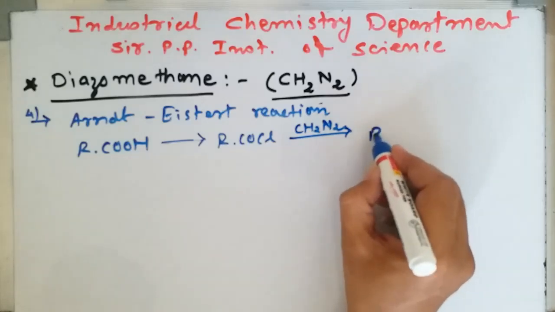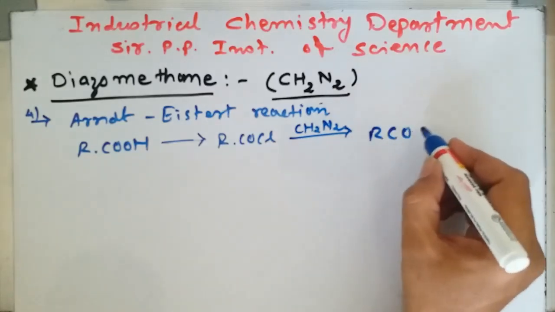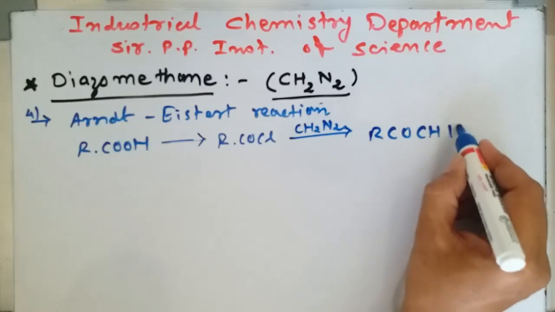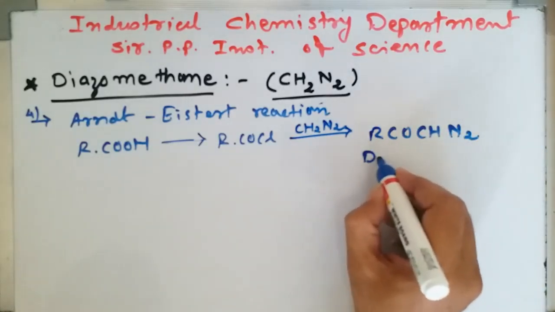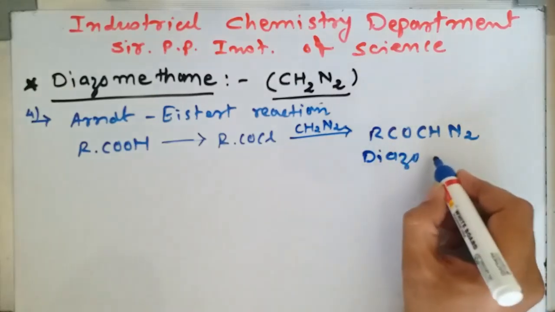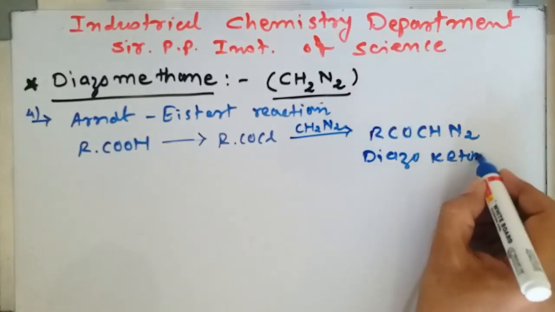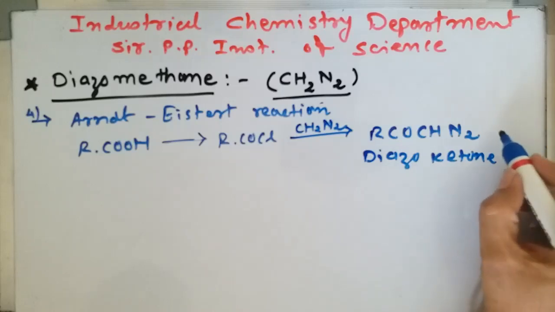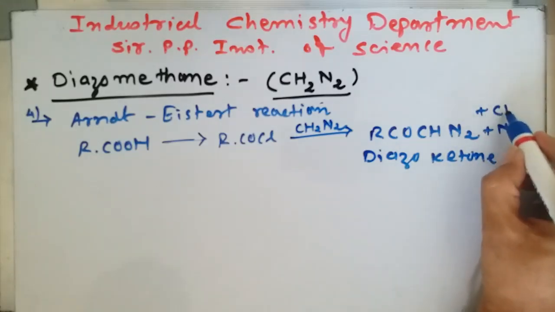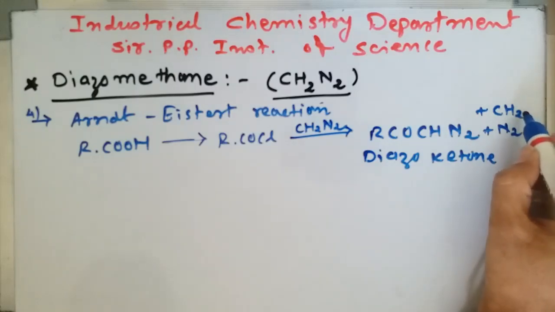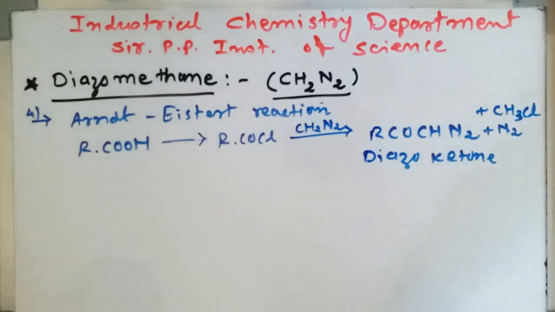So it is converted into RCOCHN2, known as diazoketone. And we also get N2 plus CH3Cl, methyl chloride.